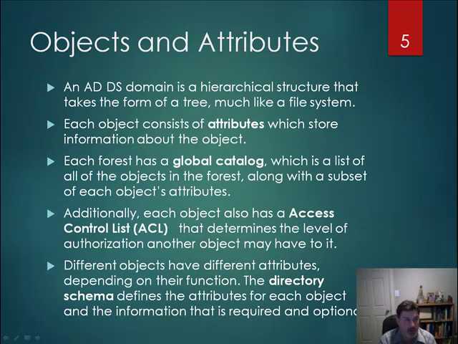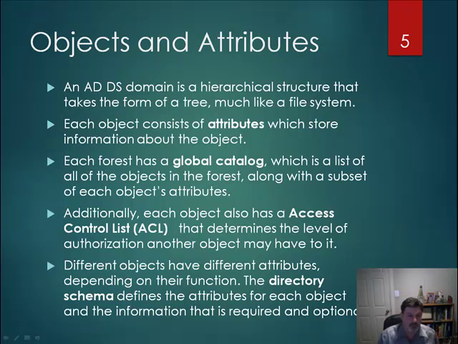So we talked about objects, and one of the things about objects is that every object has a level of attributes associated with it. So if I have a user, any user in my domain has a set of attributes that I can give to that user.